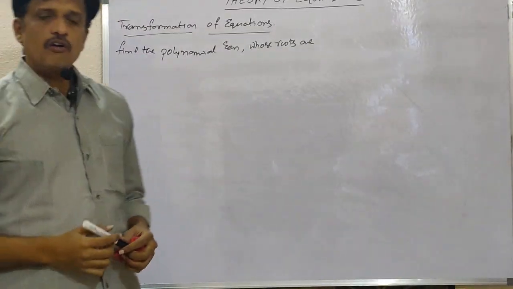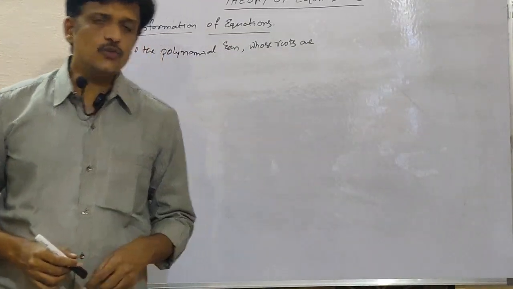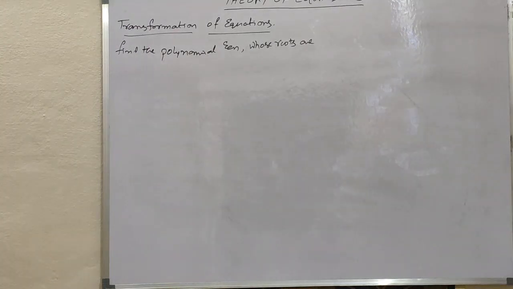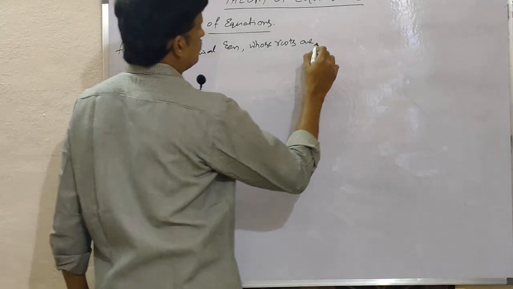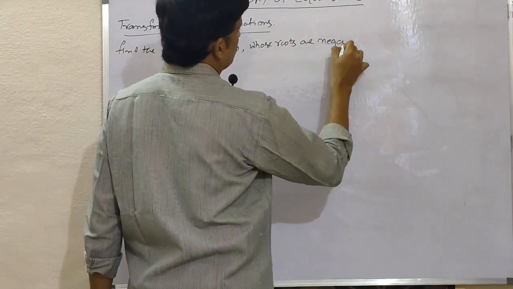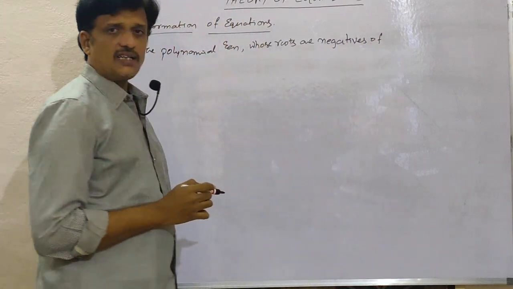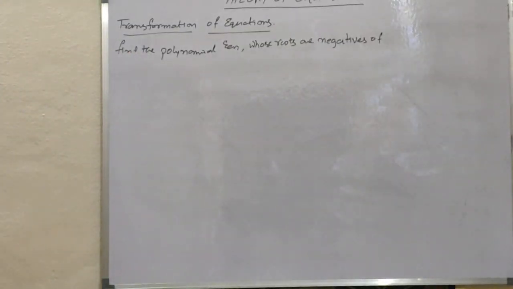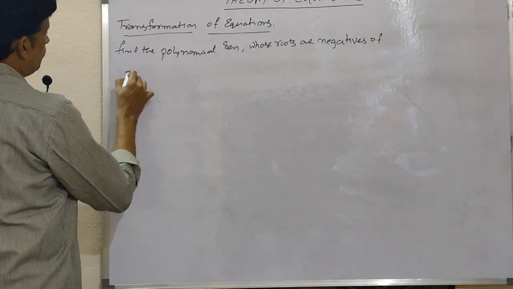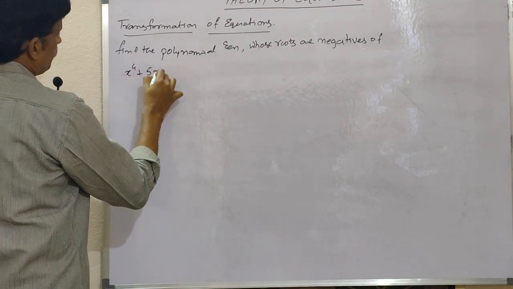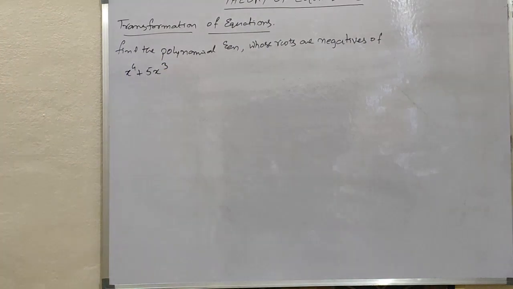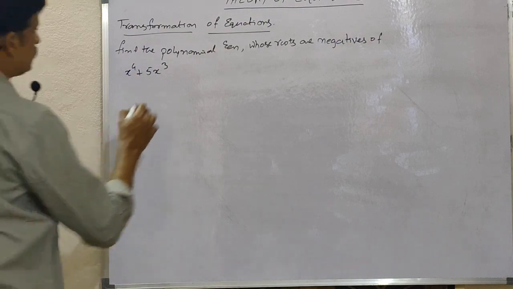Next, find the polynomial equation whose roots are negatives of the roots of x power 4 plus 5x cube plus 11x plus 3 equal to 0.